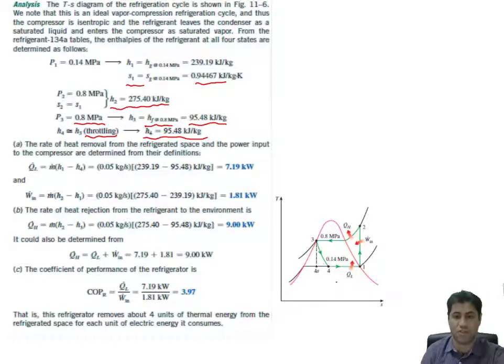So from state 3 to state 4, in the expansion valve, we can assume that h3 is approximately constant.